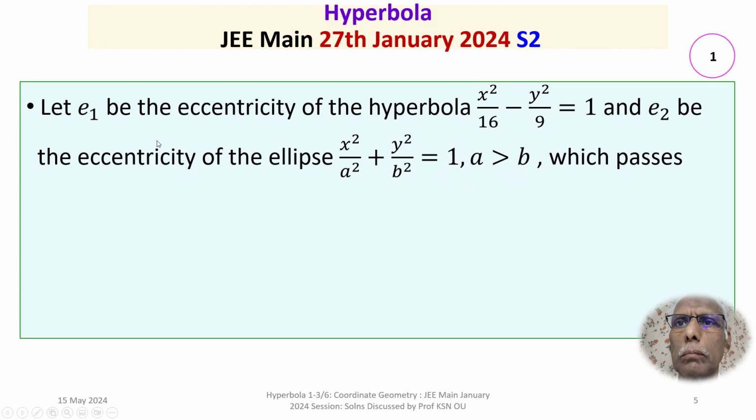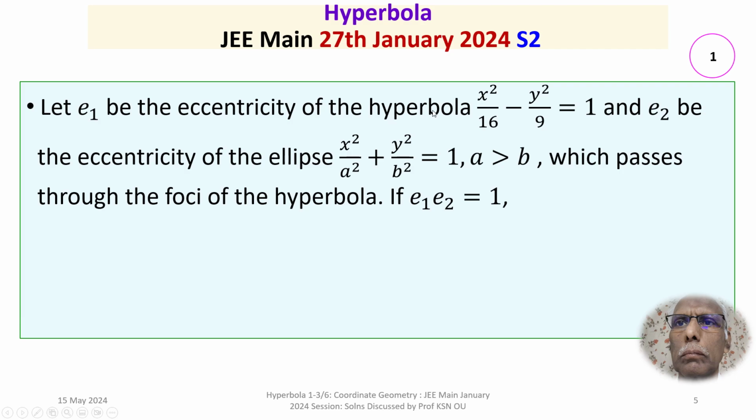It is further given E2 is the eccentricity of this ellipse, and this ellipse passes through the foci of the above hyperbola.